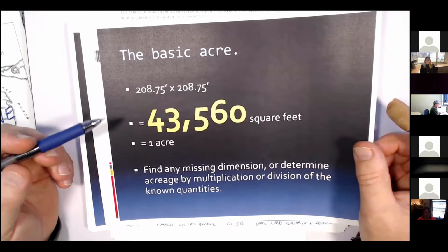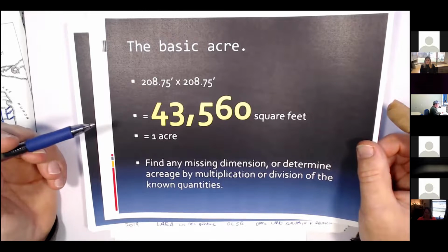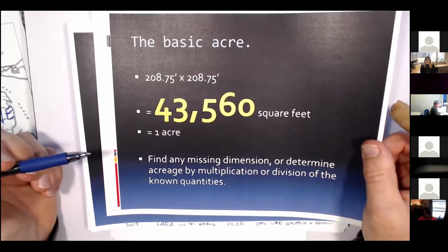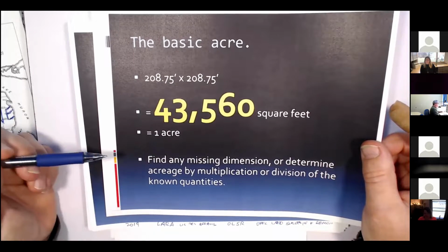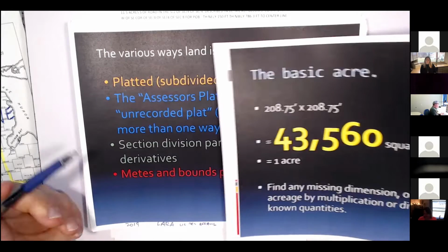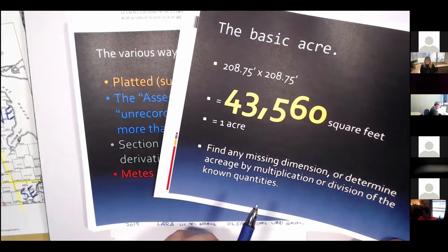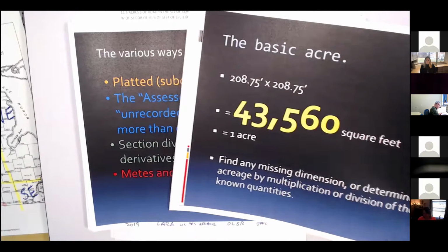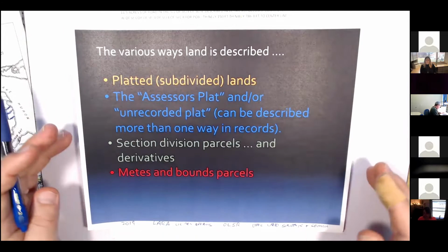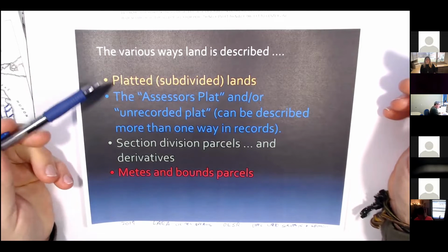Conversely, if you have a piece of property that you know is 5 acres and you know that it's 200 feet wide, if you divide 200 into 5 times 43,560, that'll tell you what the depth of your sides is. So you can usually determine a missing variable by using the 43,560 along with your known variables and just doing a little bit of math back and forth. So there's a bunch of different ways that land can be described in a document.